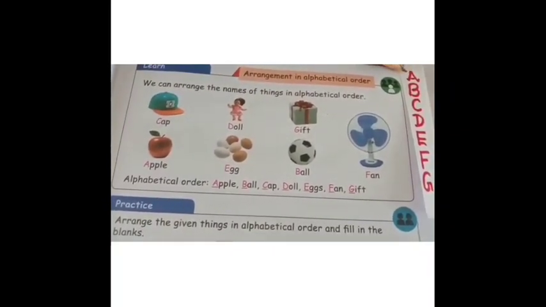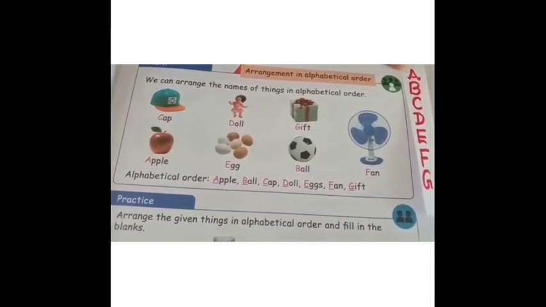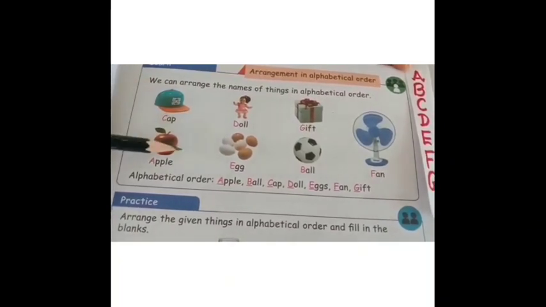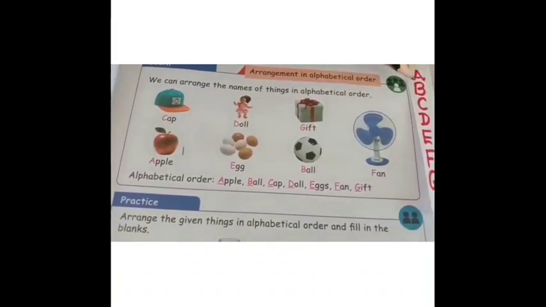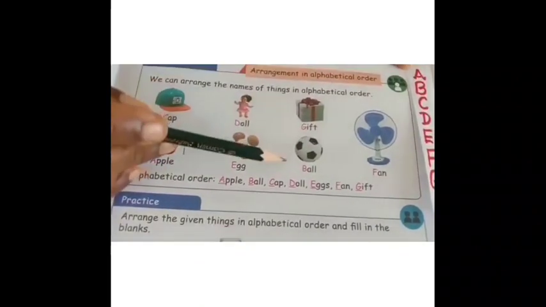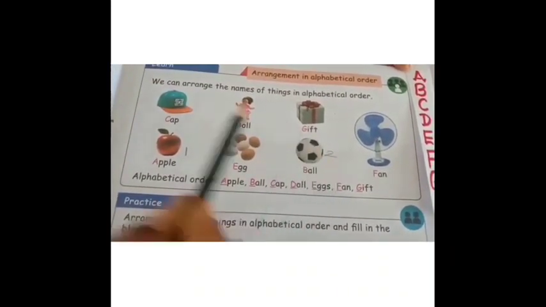What is the first alphabet? Alphabet A. A for apple. So we have to put 1 for apple. Next alphabet B. B for ball. Put 2 for ball.